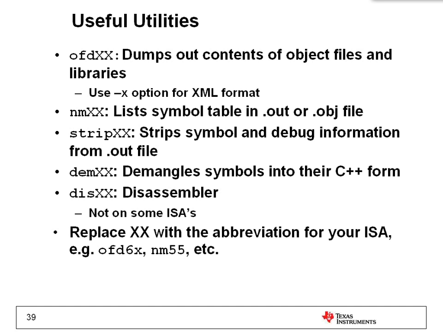You C++ users out there, the linker map file and other files of this form will show the mangled function names, and if you want to see it back in the original way it was written in your C++ source, you need to use a demangler. And then there's a disassembler for some of our architectures, not all of them. If you want to look at a piece of object code or an out file that maybe you didn't write, or you did write it but you want to see how it was really done after all the pre-processing happened or whatever, the disassembler is the tool for you.